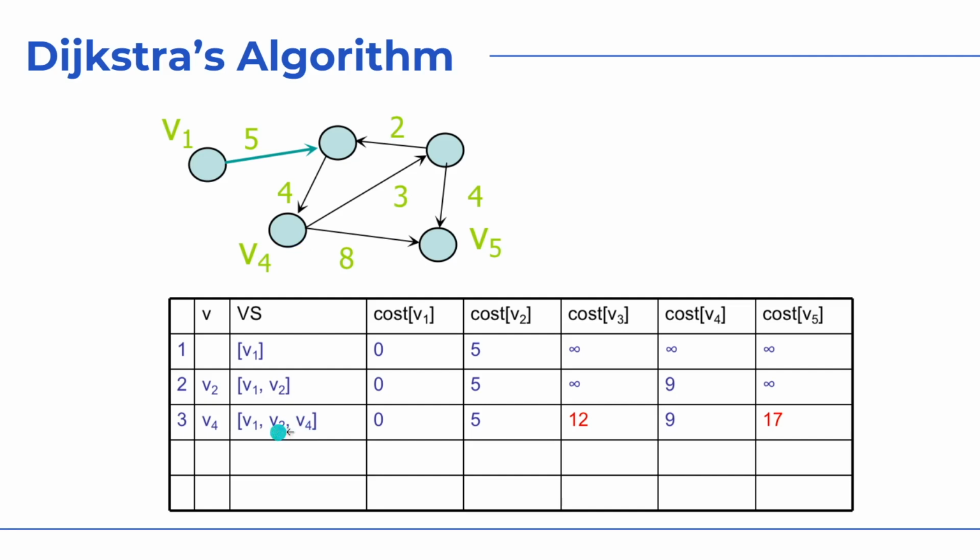Now we add vertex V4 as visited, and we have to find the cost of reaching the other vertex. In our case, from the start vertex its cost would be 5 plus 4 plus 3, so 9 plus 3, 12. So, the cost of reaching vertex V3 is 12, that is added here.